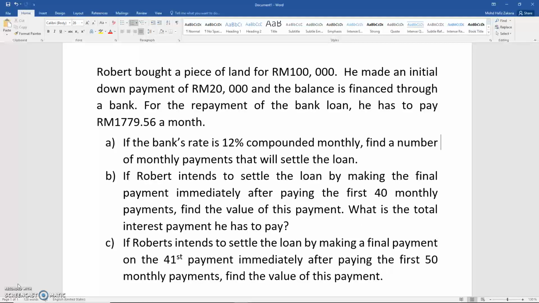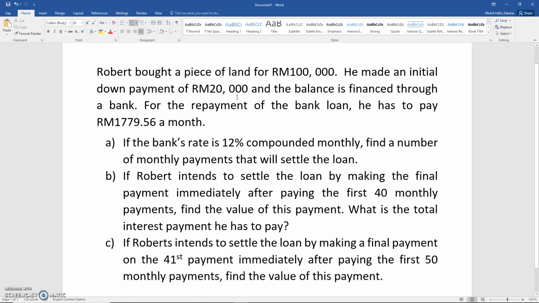For the repayment of the bank loan, he has to pay 1,779.56 a month. So let's look at the question. Robert bought a piece of land and an initial payment of 20,000 has been made. The balance is financed through a bank.